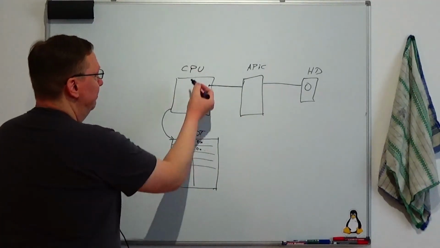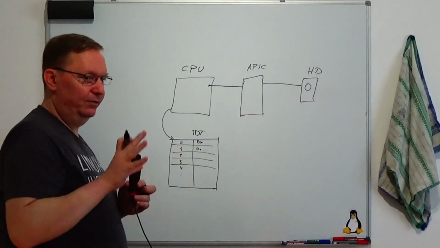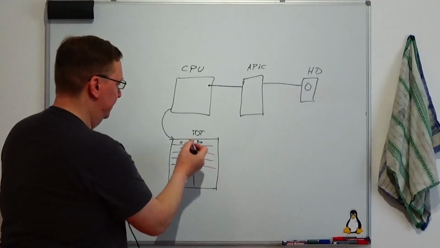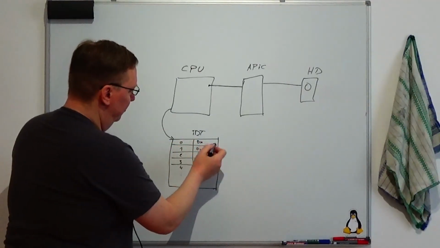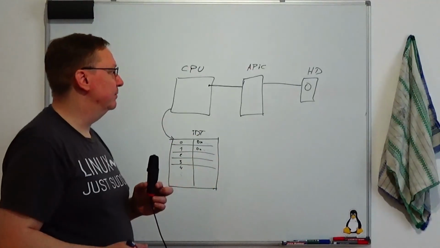What the CPU then does is it just jumps to that location. So you have to put some machine code there, and put the location of that machine code into this interrupt descriptor table.